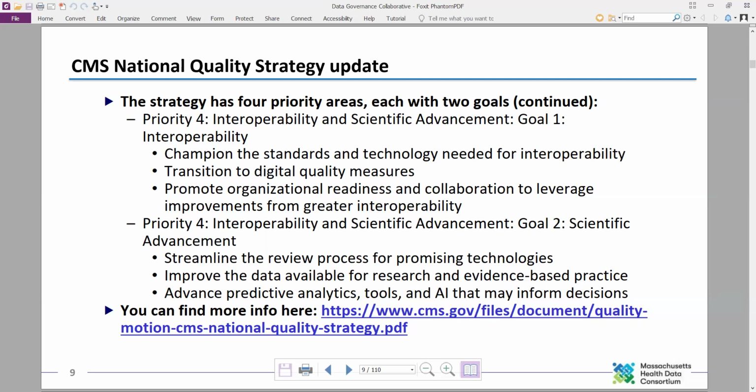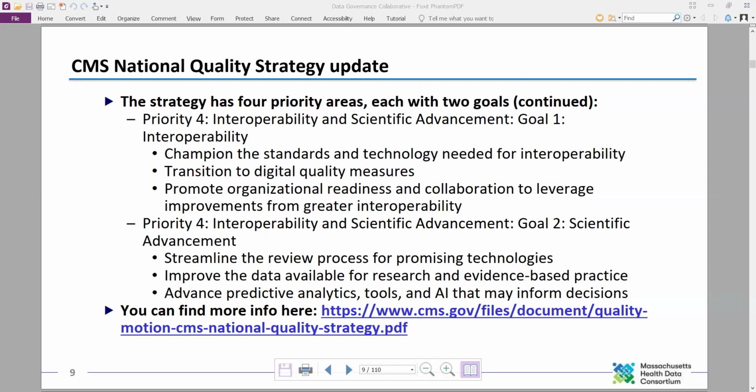But I thought the last one was actually a really promising sign because, as we've talked about here, it's not just the technology. There's a lot of cultural, process, and workflow elements around interoperability. And so they talk about promoting organizational readiness and collaboration, and then leveraging the improvements from greater interoperability.